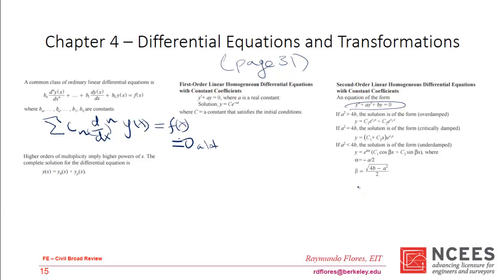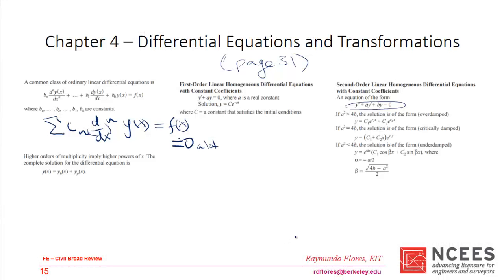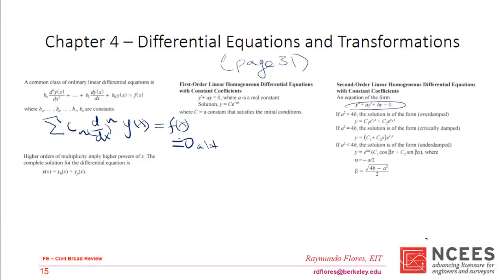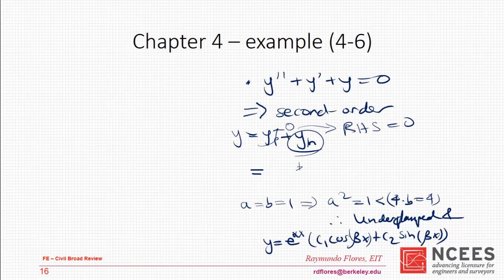Thus, we have an underdamped solution, and what you get is that y is of the form e to the a, and then it gives us what the alpha should be.